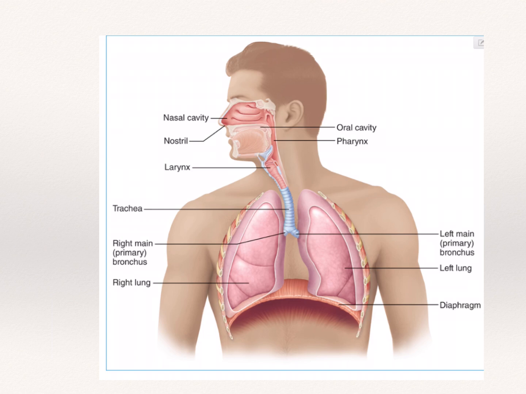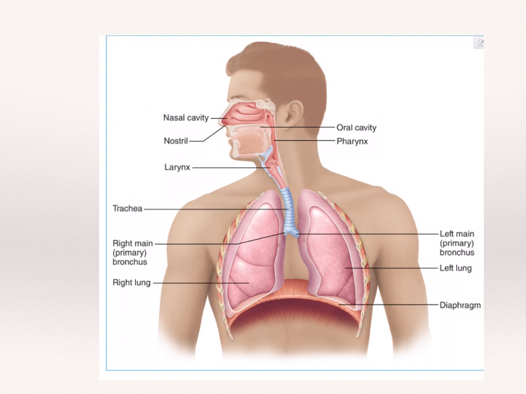That's gross. The oral cavity is your mouth, and the air is flowing from the nostrils through the nasal cavity and then into the pharynx. The pharynx you know as your throat.